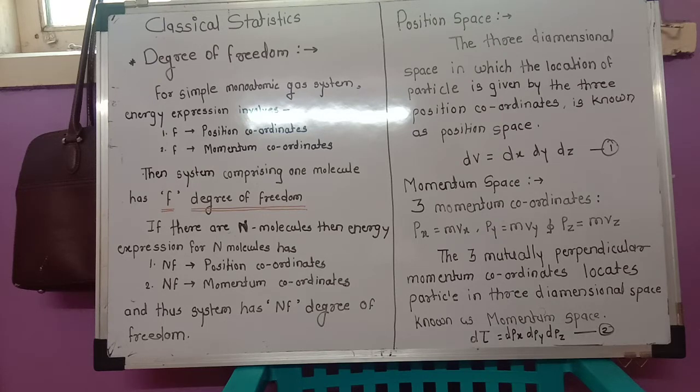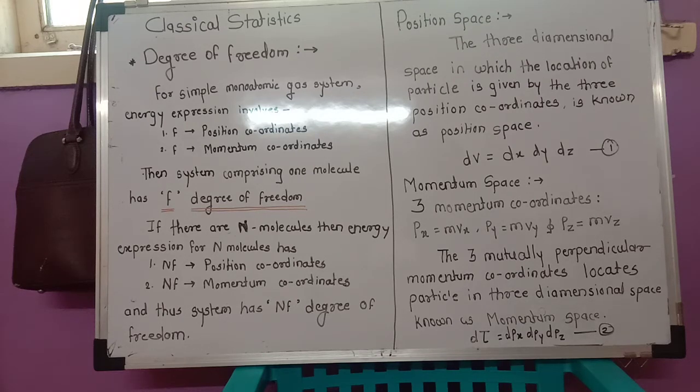So let us start with the degrees of freedom. What is the degree of freedom? Consider a simple monoatomic gas system. If we wish to write the energy expression, then this energy expression will involve f position coordinates and f momentum coordinates.